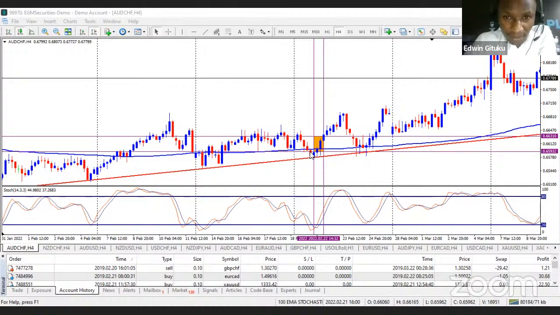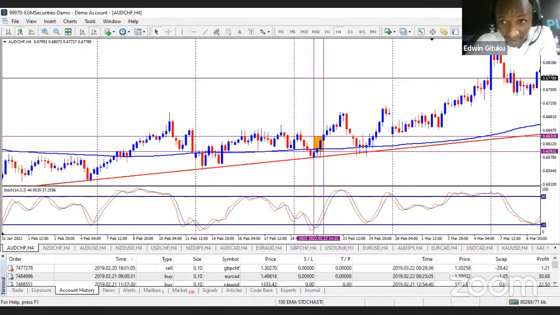So when the market began to form bullish candlesticks, and having gotten confirmation on the basis of the behavior of the stochastic oscillator, here you could get into a buy setup and you'd be able to get anything between 0 pips up to around 98 pips.